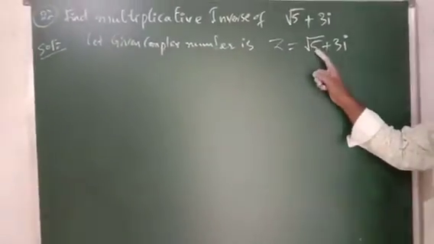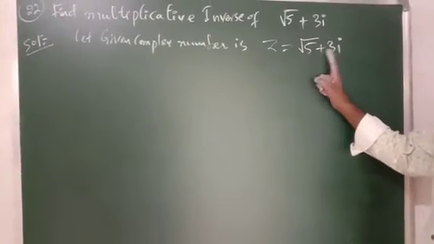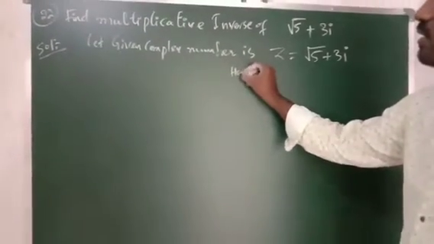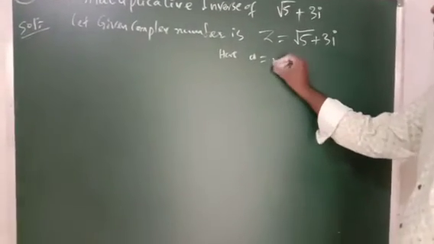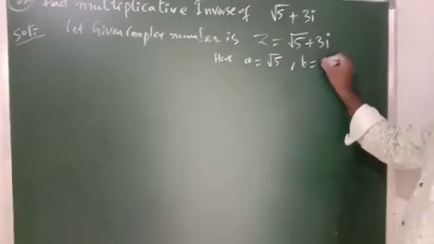Now it is in the form of a plus ib, so check the values of a and b. Here a equals root 5 and b equals 3.